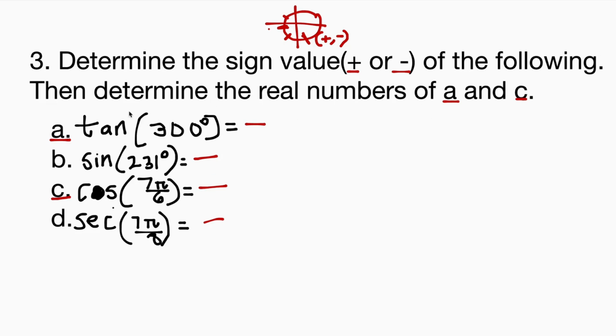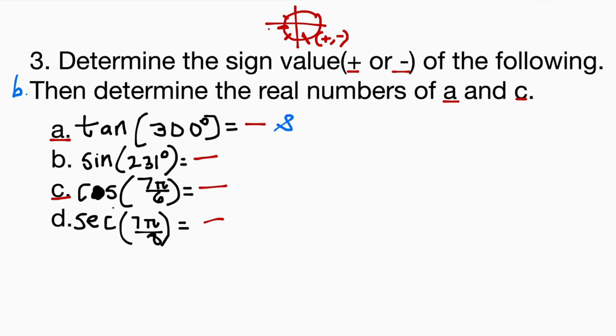So now moving on to the second part of A and C, to determine the real numbers of A and C. Let me change the color so that it's detailed. I'll say this is part B. So the tangent of 300 degrees, we have to find that.